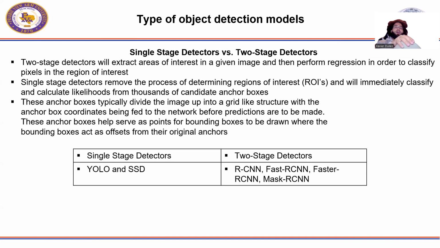Let's see. Single stage detectors, how they differ from two stage. Instead of ROIs, images or inputs are split into a predefined number of boxes. It's like a grid-like structure over the image, and these are referred to as anchor boxes.